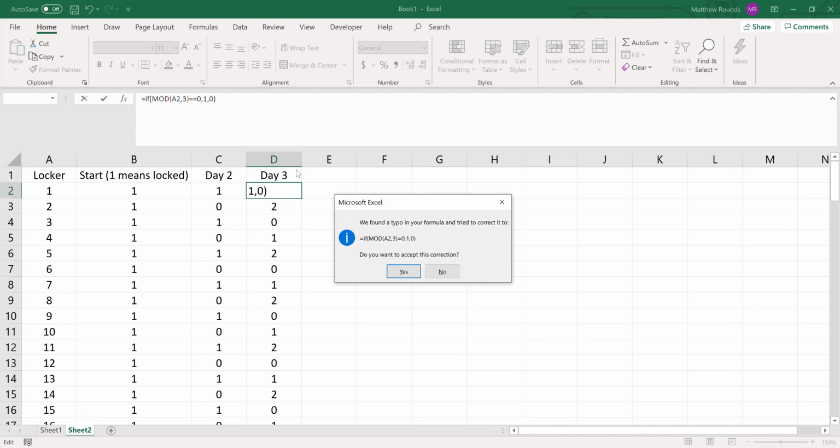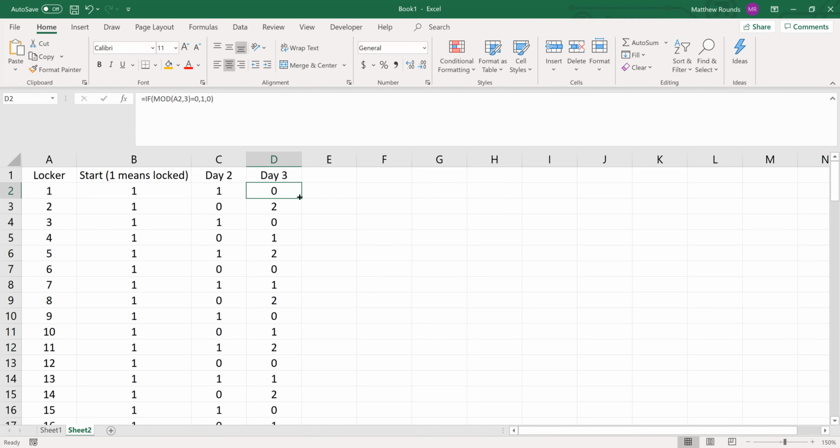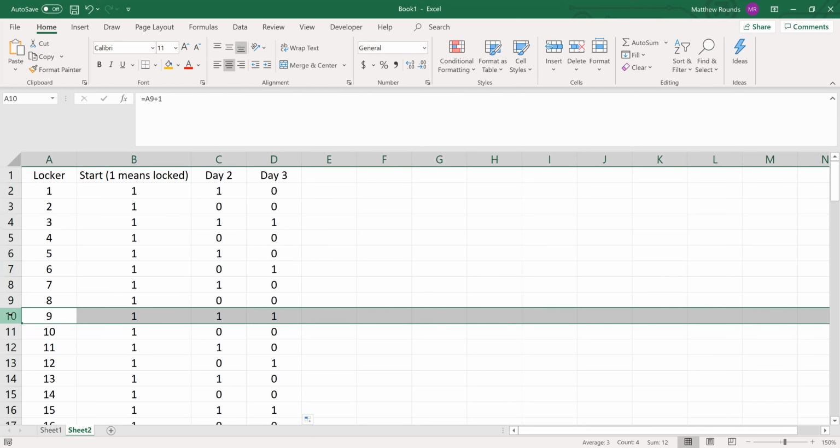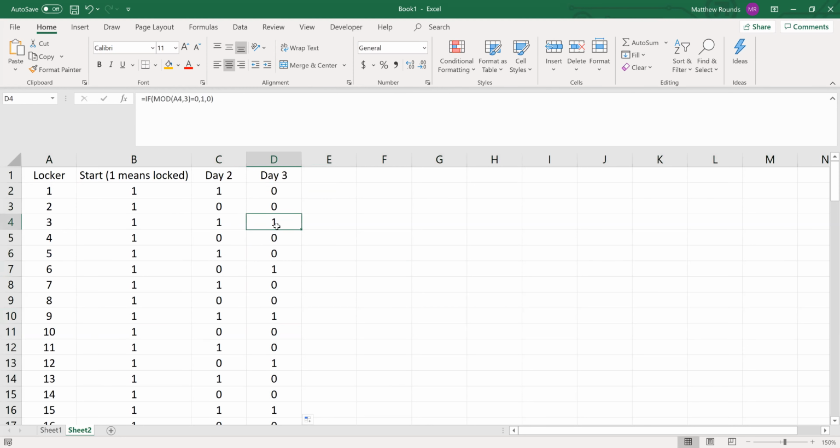What I'm showing you here is that the third locker is divisible by 3, then the 6th locker is divisible by 3, then the 9th locker is divisible by 3. It's not what happens though. If it is divisible by 3, what should happen here? That locker should go from whatever it was to the other one. This is where it gets a little bit programmatic.